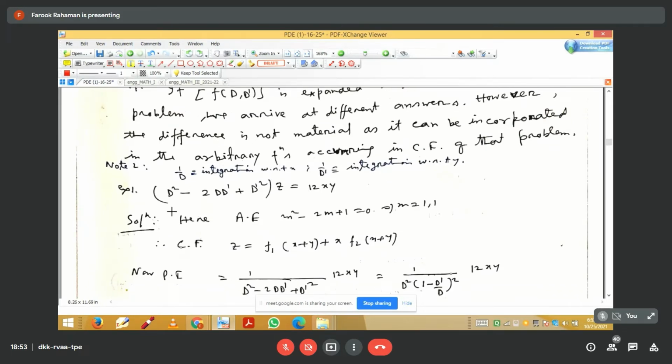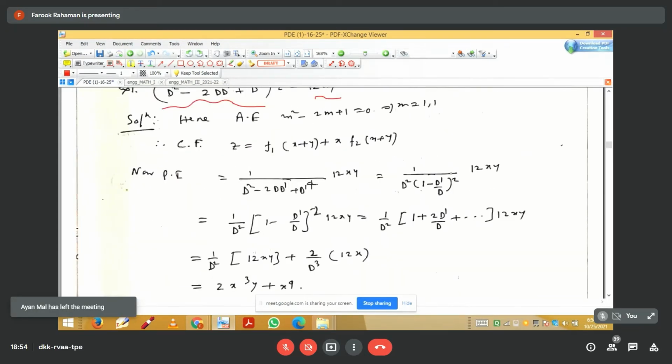Now consider the particular examples. This is a homogeneous equation, and the right hand side is a polynomial function, that is x to the power something, y to the power something. We already know how to find the CF, so I just omit it to get the PI.